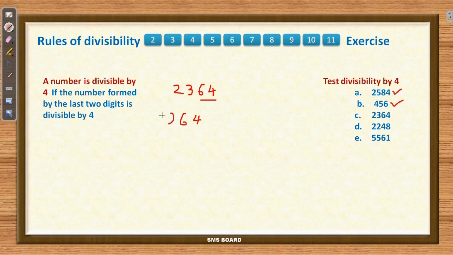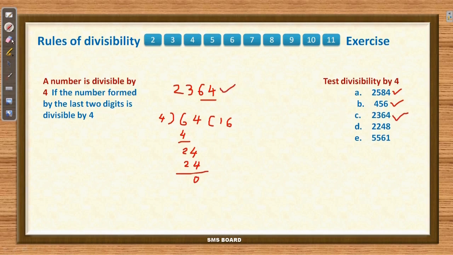So if you divide by 4, out of 6, 4 will go one time. Then 2, 24. Out of 24, 4 will go 6 times. So 24. So what is the remainder? Remainder is 0. That means 64 is divisible by 4. So this number is divisible by 4.